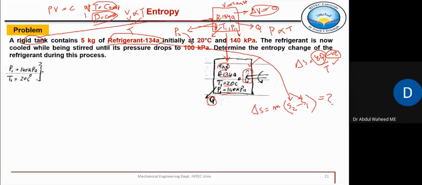So this is what we need to calculate, the change in entropy using this formula. We need to calculate first S1 and then S2. What is S1? The entropy at the initial state, given by the initial pressure and initial temperature. So at this pressure and temperature, we need to find the entropy, which is S1.